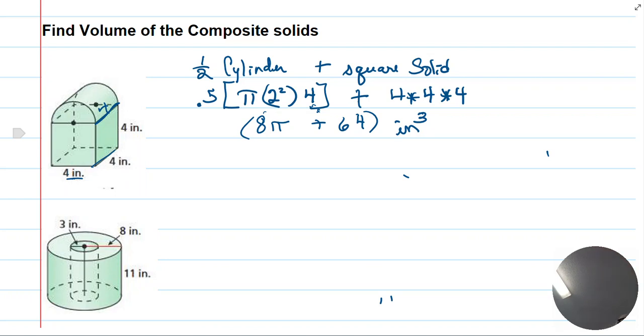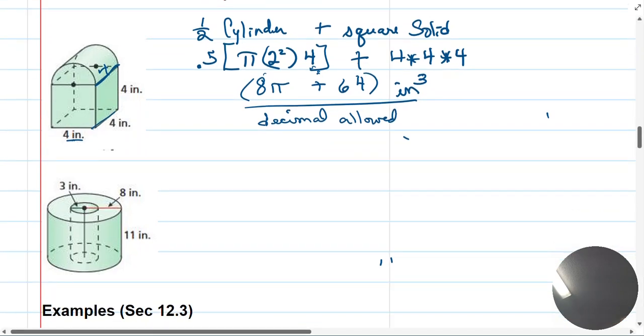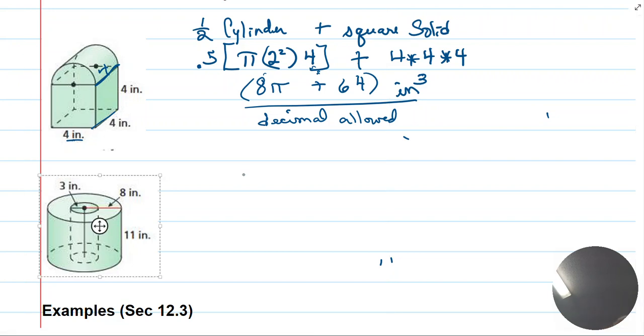Good questions. All right. Now, this is an exact answer. If you give me a decimal, this is okay. I didn't write down what it was, but you can do that. Mainly, I want pi because everybody will differ.